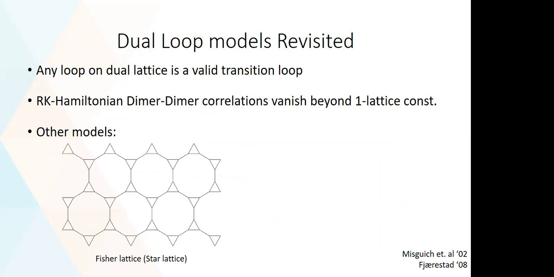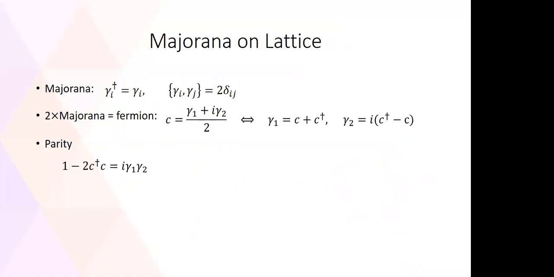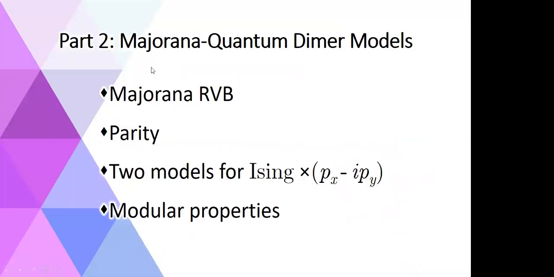Okay. So now we're ready for the next part, which is the Majorana quantum dimer model. I'll go briefly through what I'm going to talk about. I'm going to talk about how we attach Majoranas to the constructions of the dimer models I discussed so far. I'll give some parity considerations of the model. It will be quite interesting, I think.